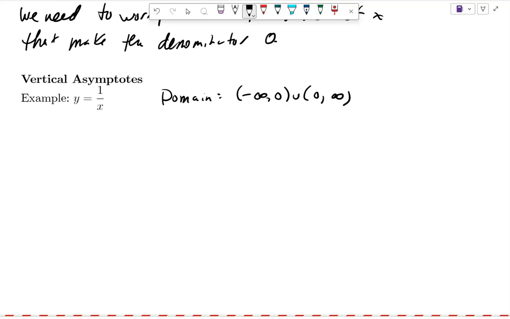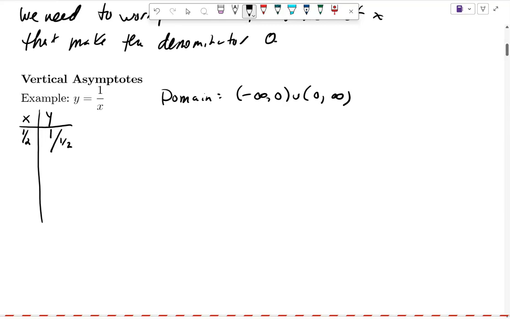And what happens when we try to plug in numbers that are close to 0? For example, if I just make a little table here, if I put x equal to a half, what do you end up getting out? Not a trick question. It'd be 2, right? It's 1 divided by a half.